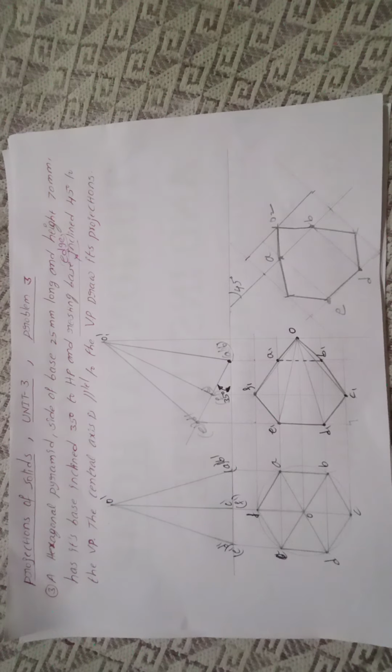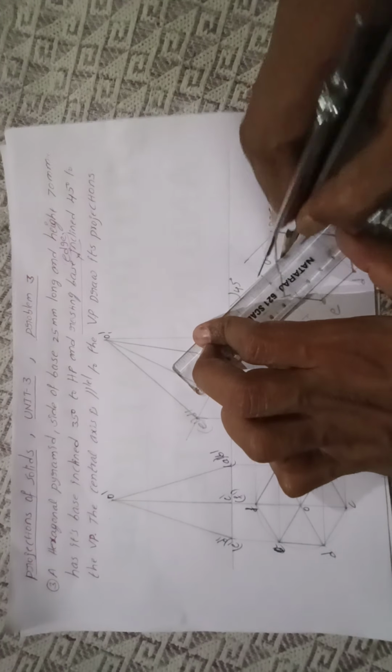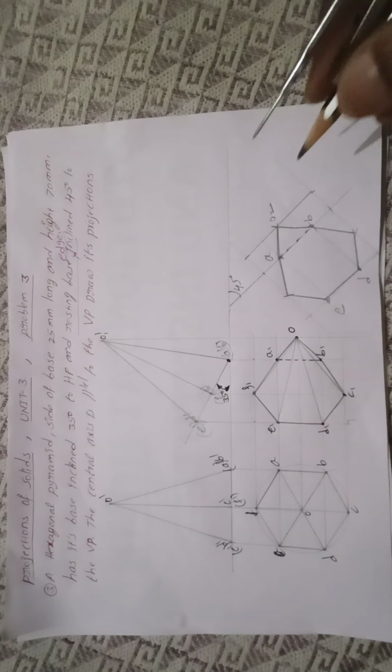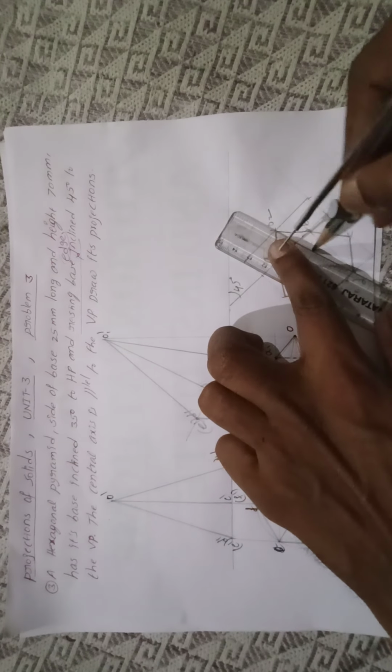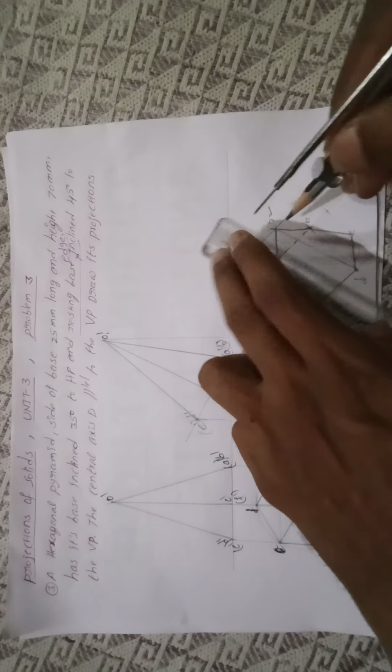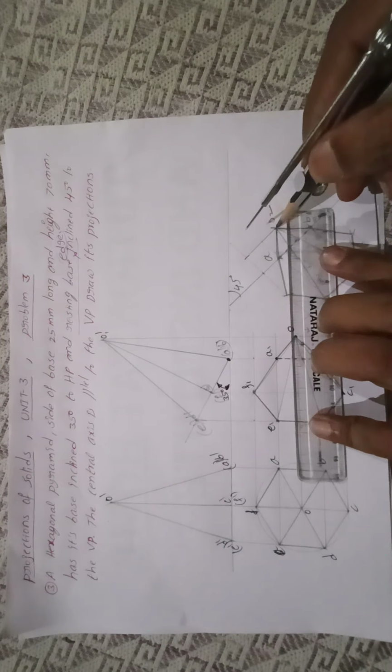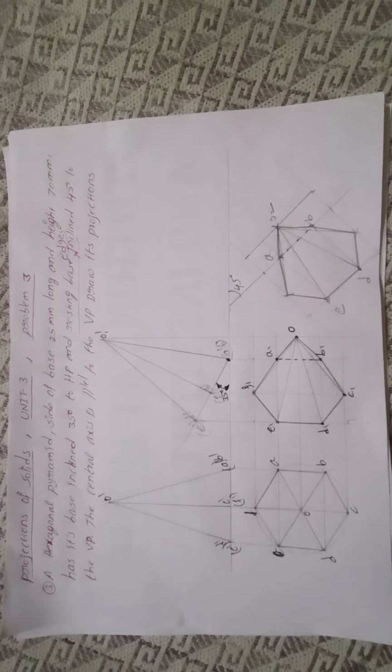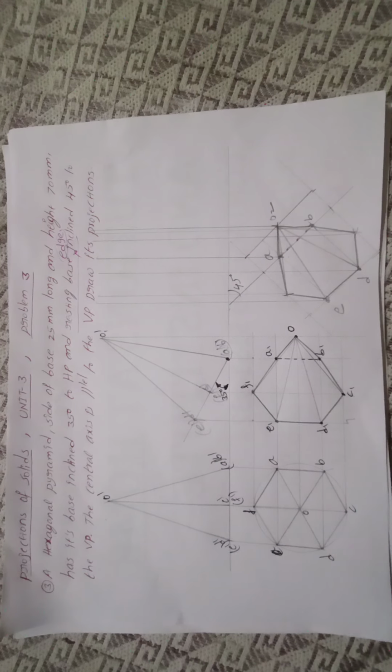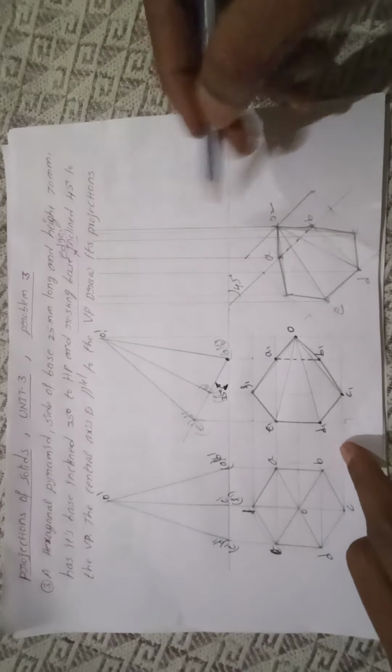Like this we have to shift the view and just join every line to the O. Like this, and draw projections upward. Take all projections upward and take horizontal projections here.